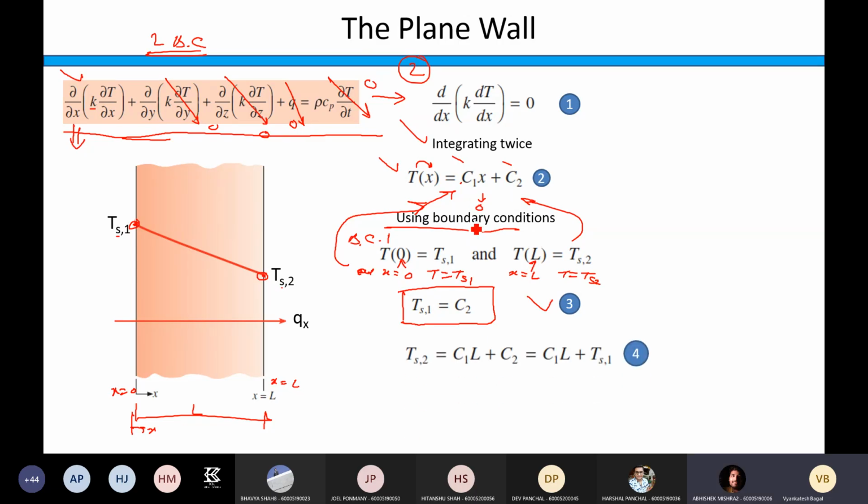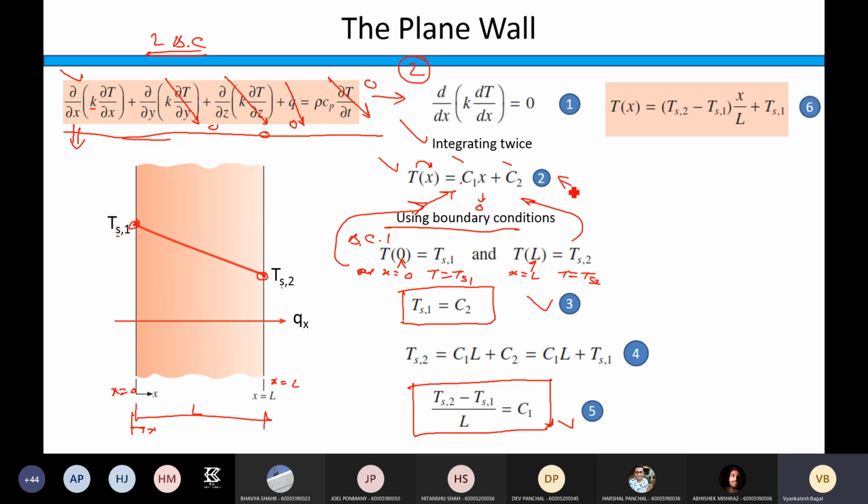C1 equal to (Ts2 minus Ts1) by L. It's very simple mathematics, nothing big in this. You must have studied all this in mathematics, right? So you got the values of C1 and C2, then put them back into equation 2 and you will get this expression, right?